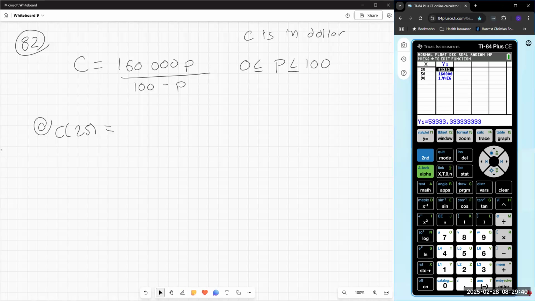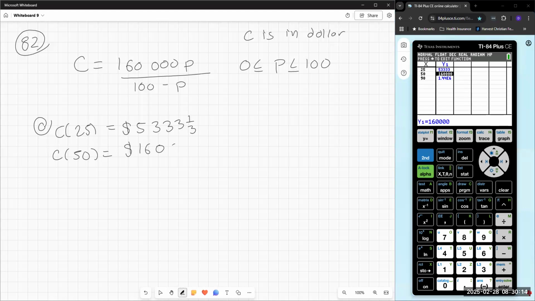And that is approximately $5,333.33. It comes out with a third of something, so we can say it's exactly that. And then C of 50, I already have 50 here, so that's exactly $160,000.